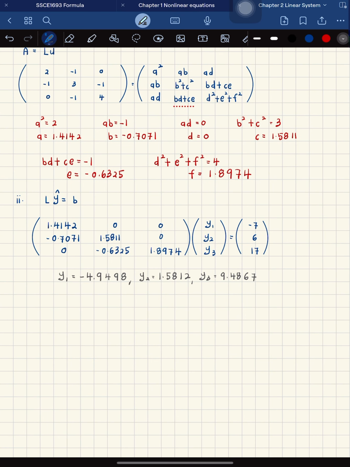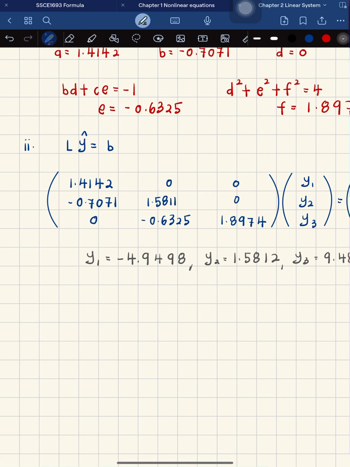Okay, from the calculator you can directly get the answer. After that, the last step is Ux equal to Y.